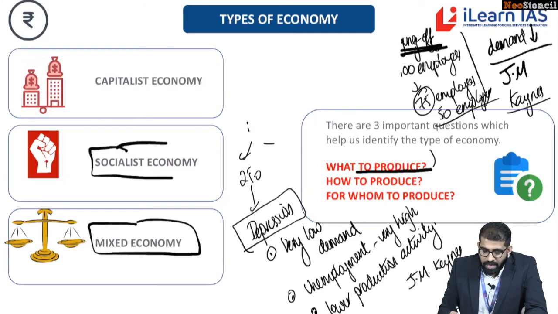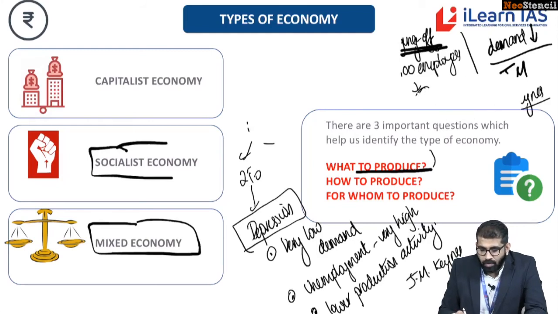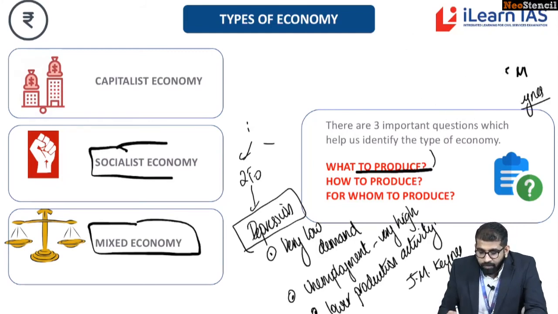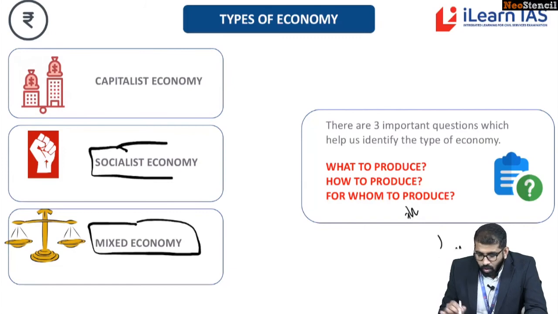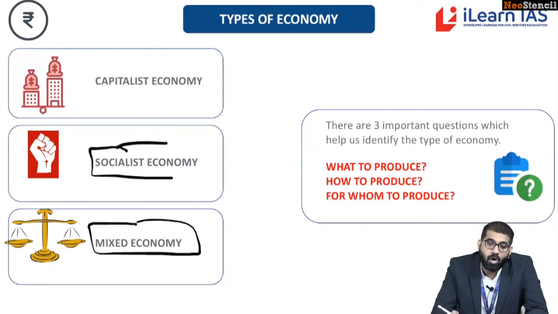So according to Keynes, what he devised was that we have to have an agency which is able to have control over the process, or which can intervene in this process. And that agency is none other than the government.